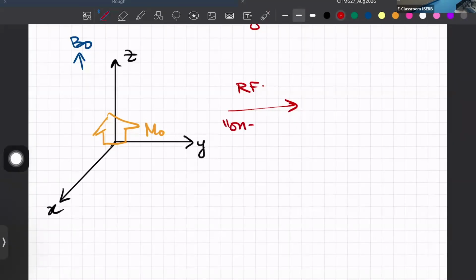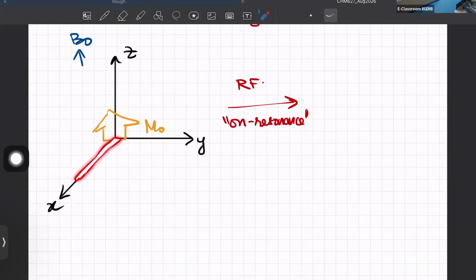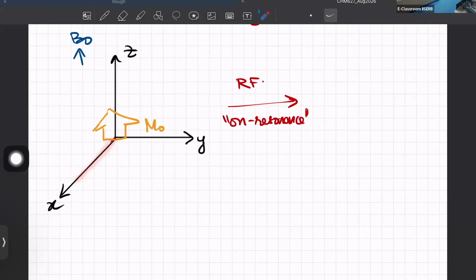There's something called an on-resonance RF pulse. Once again, don't worry about these terms. We'll look at it later. What we mean by this is that you apply the RF pulse, let's say along the x-axis. You have a precession motion of M naught with respect to this effective B right now. Why is it applied perpendicular to M naught? Because once again, the cross product will be maximum when you do this.